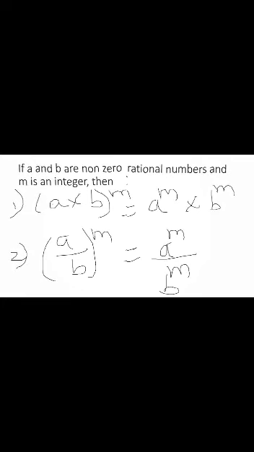This is the rule of indices. Now another rule of indices is that if a is a non-zero rational number and m and n are integers, then (a raised to m) raised to n is equal to a raised to m into n, that is a raised to mn.